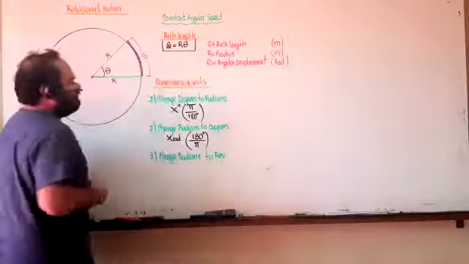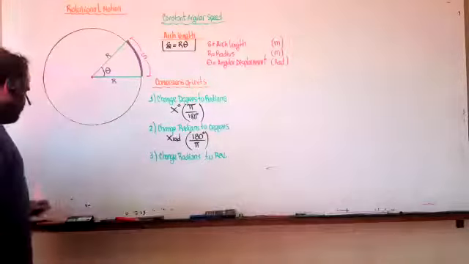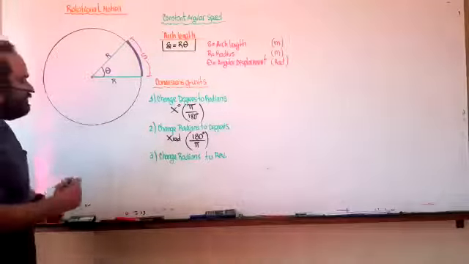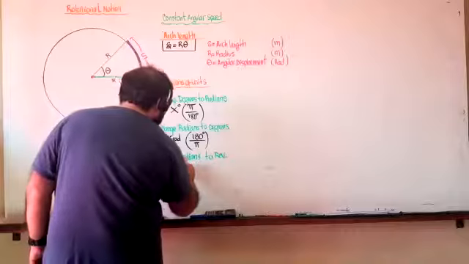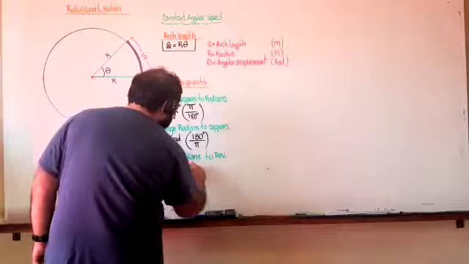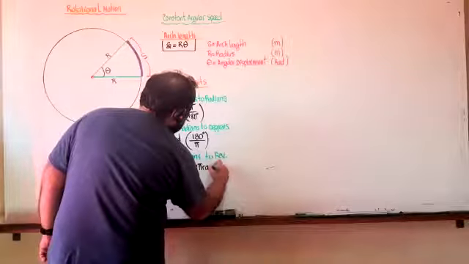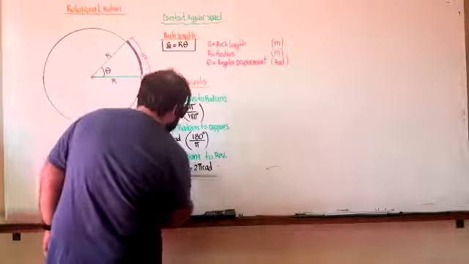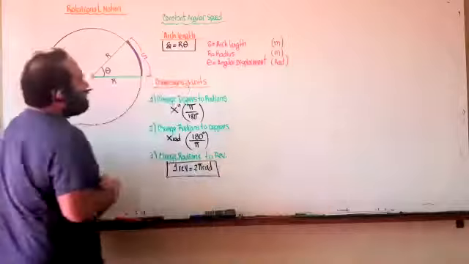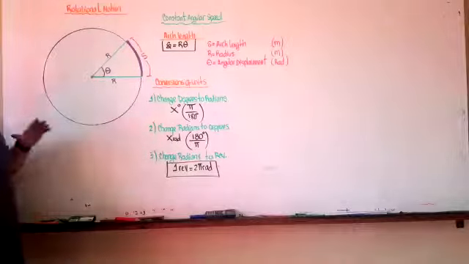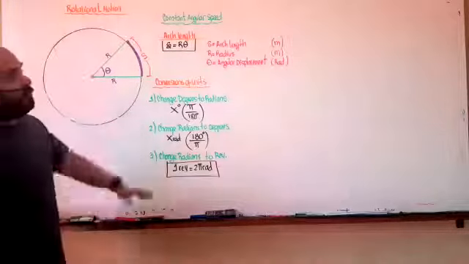Revolution means laps. All right, it's simple, my dear students. This is a conversion: one revolution is equal to 2 pi radians. And that's it.